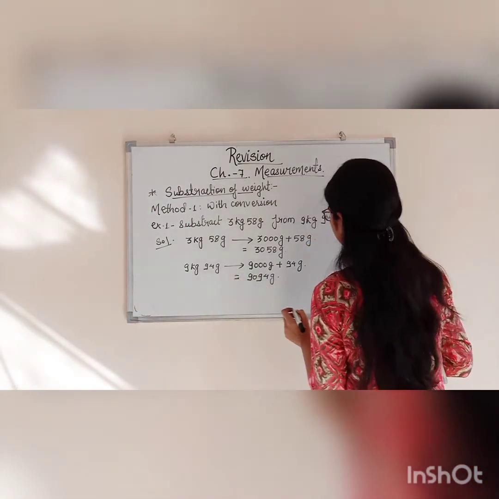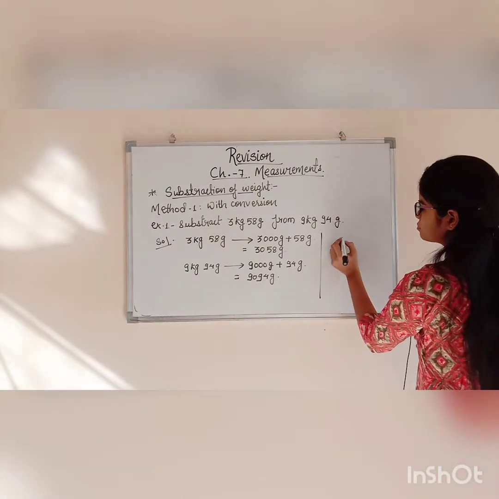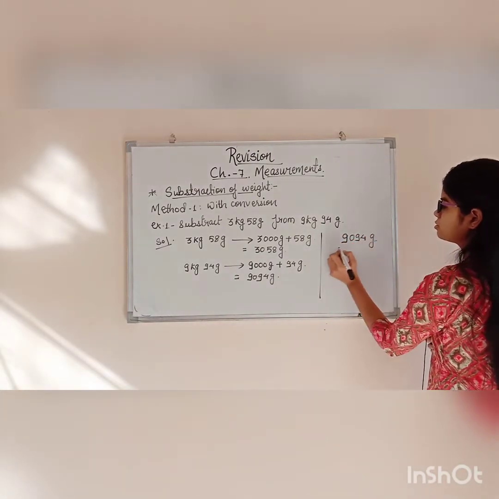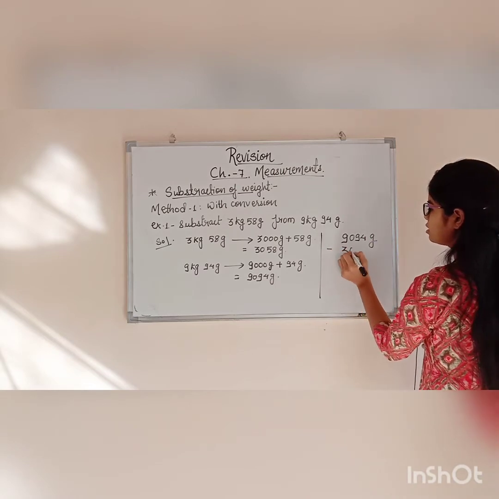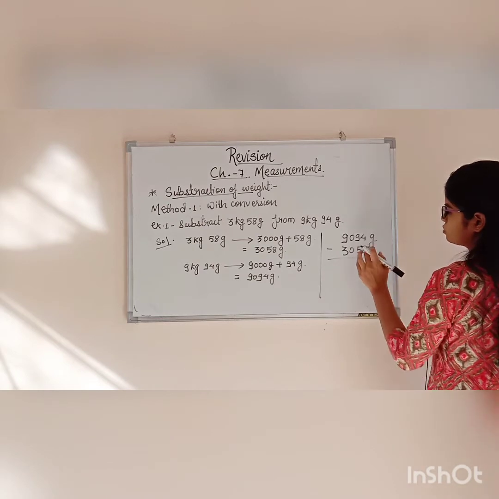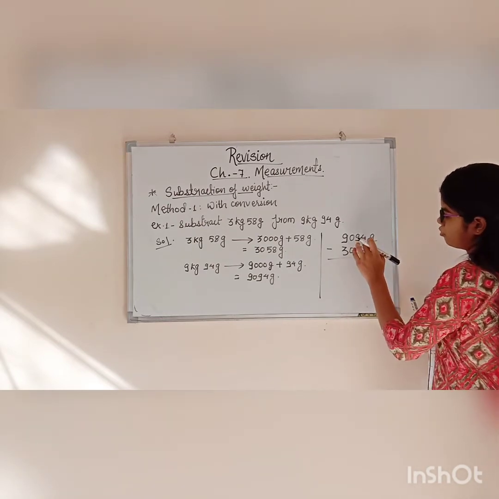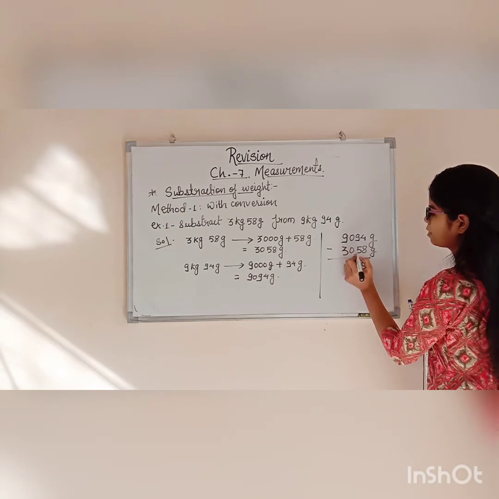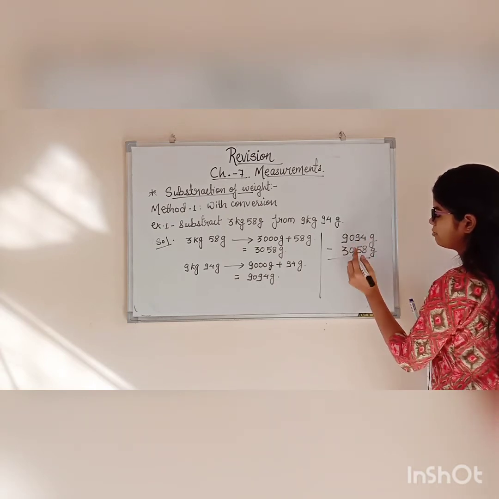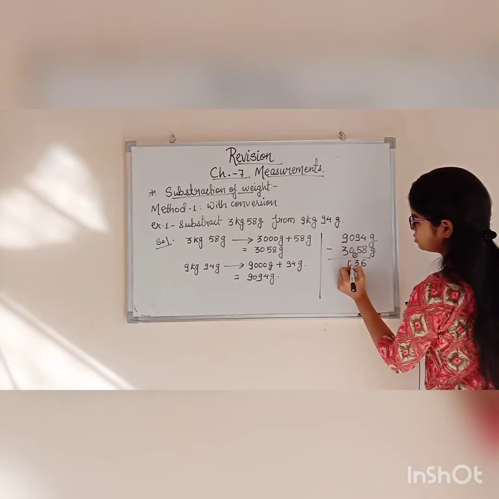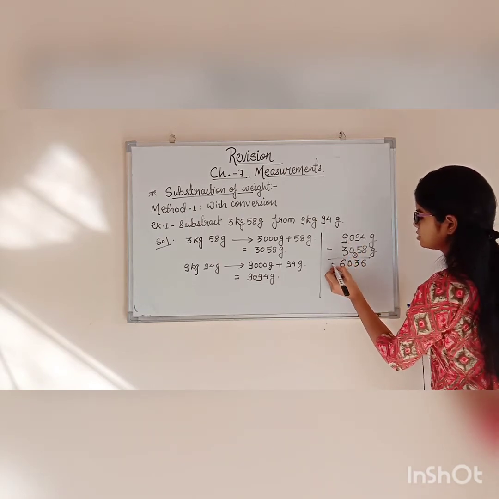So 9094 grams minus 3058 grams. Here 4 means 14 minus 8, 6. Carry 1. 9 minus 6, 3. 0 minus 0, 0. 9 minus 3, 6.